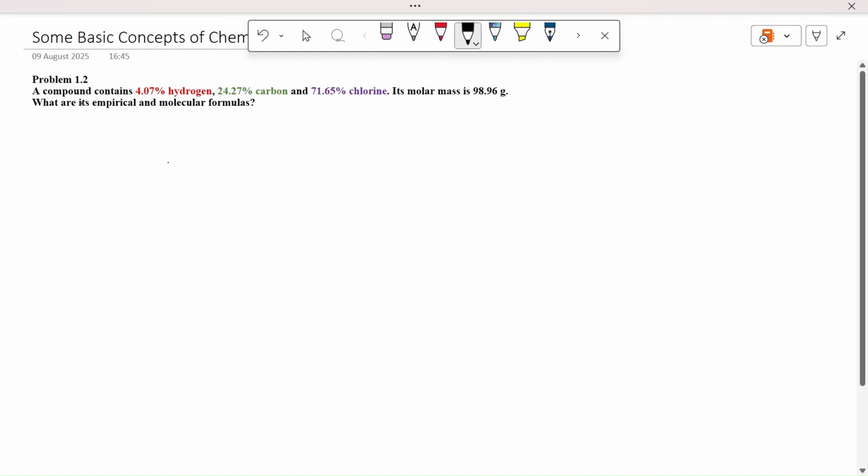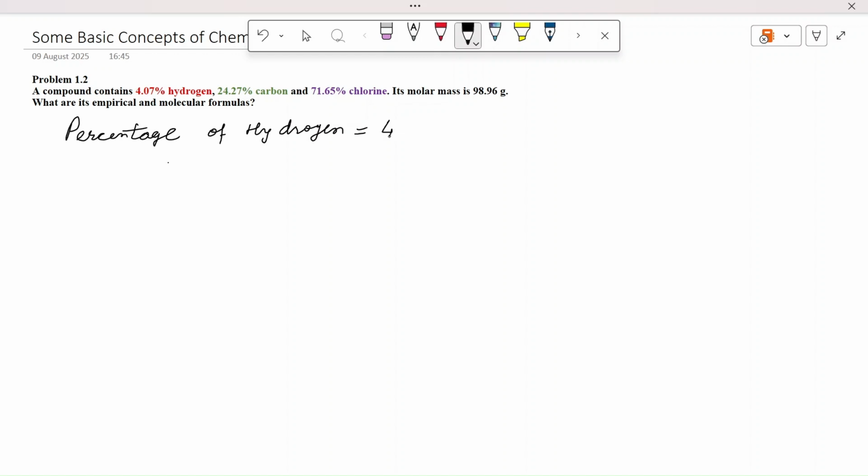Now, in this particular question, we have been given the percentage of hydrogen, which is 4.07%.